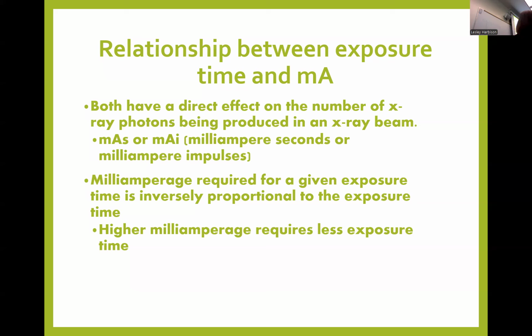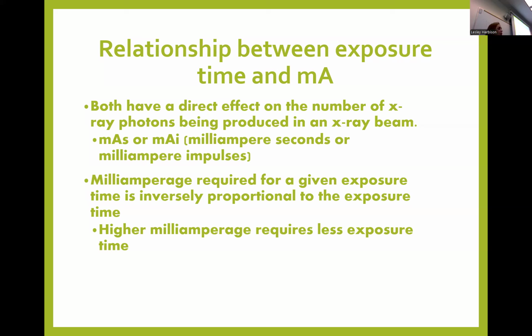So milliamperage required for a given exposure time is inversely proportional to the exposure time. We're going to talk about the inverse square law in a second, which is like my nemesis. It's a very simple concept, but mathematically it's hard for me to explain. So the higher the milliamperage, the less exposure time it requires.